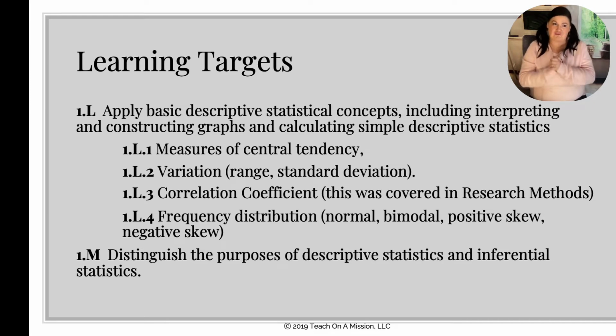Basically though, for today we are looking at how we apply basic statistical concepts such as measures of central tendency, variation, range, and standard deviation. We're also going to cover correlation coefficient, which was covered in research methods, and put it all together. We're also going to look at the distribution, that's how the data skews. Normal, bimodal, positive skew, negative skew.